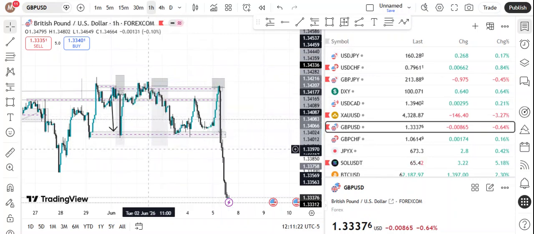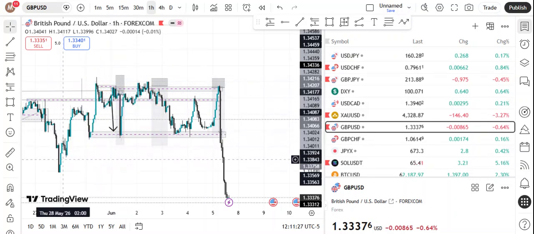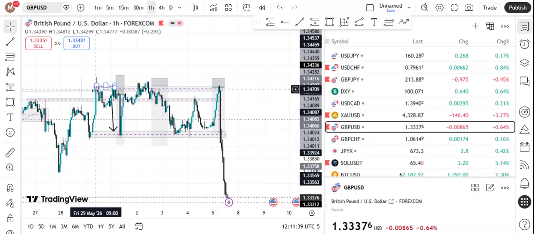So basically, I took this sell here, and as you can see here, we formed a lower low, higher high, and then lower high, and here we also have the high high, as you can see. So I executed, if I'm not mistaken, I took a trade.